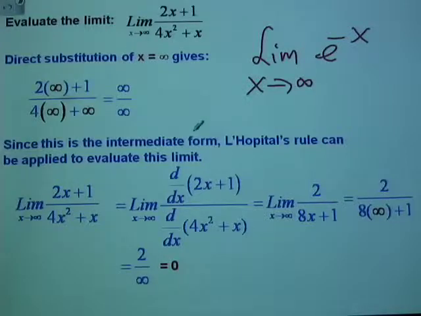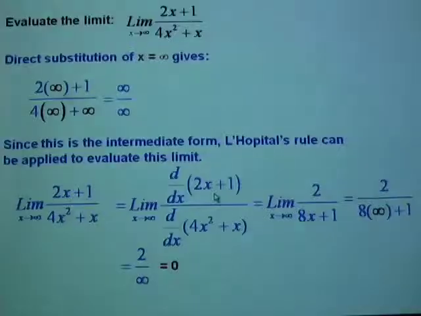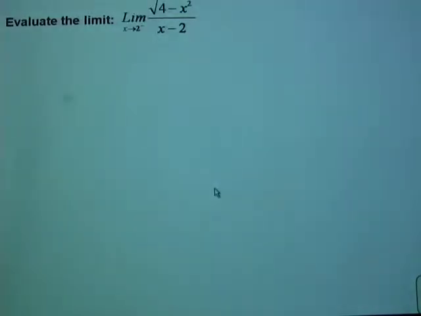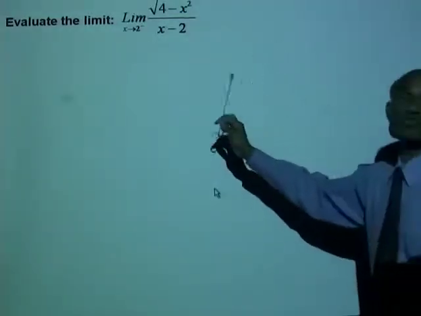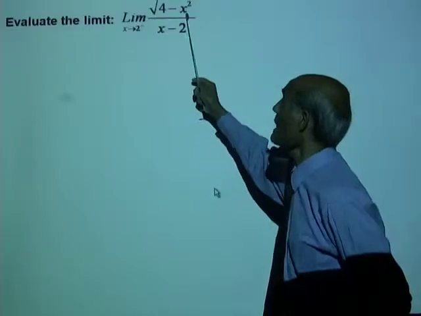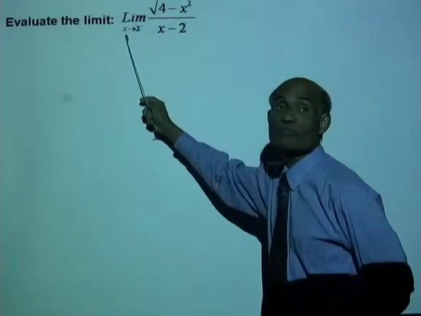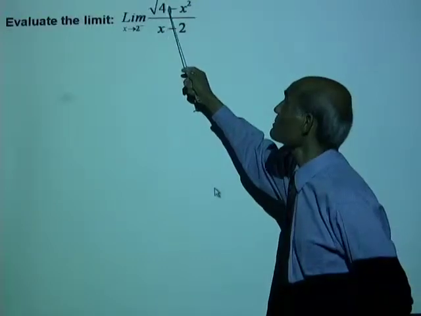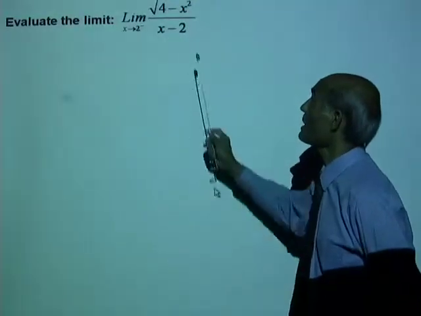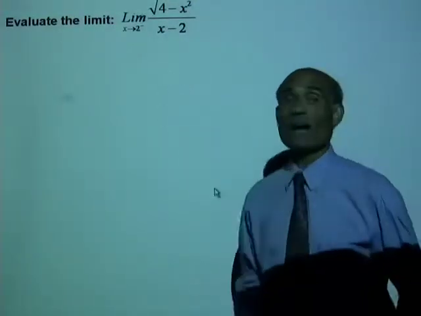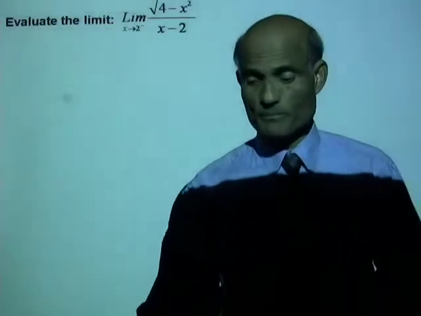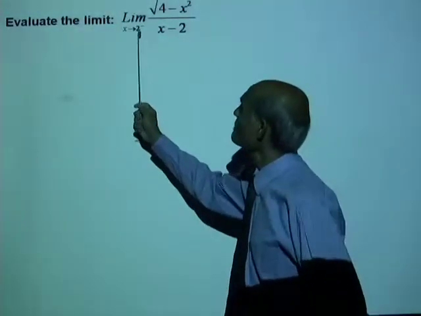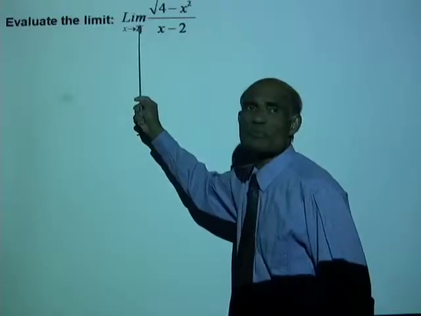Okay, let's do another one. Evaluate the limit as x approaches 2 from the left of the square root of 4 minus x squared over x minus 2. But why do we have x approaching 2 from the left?